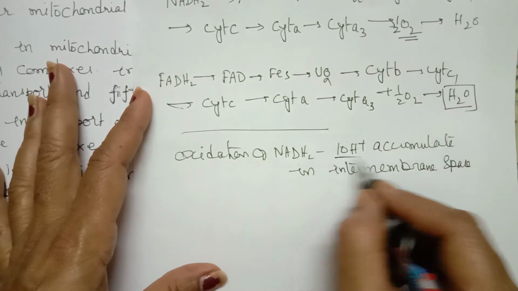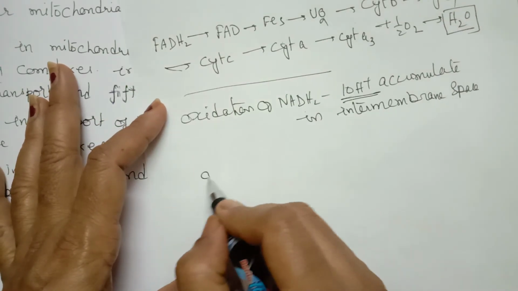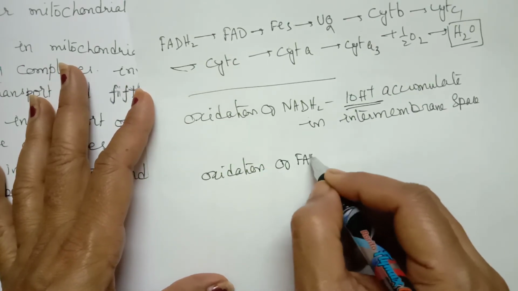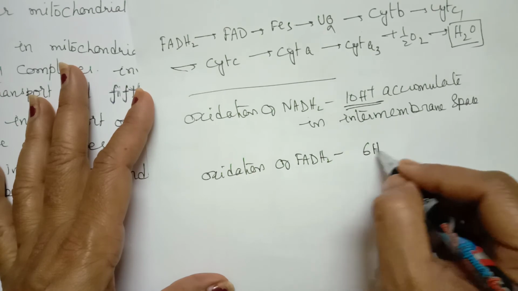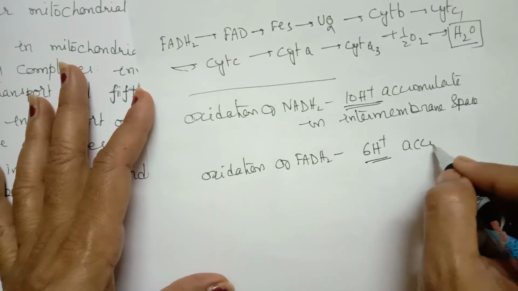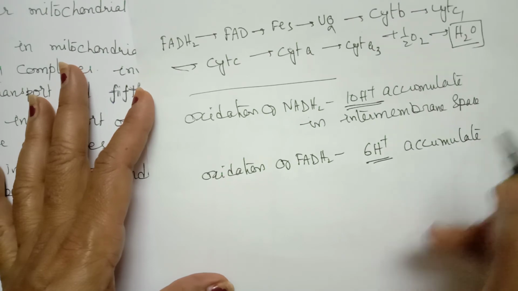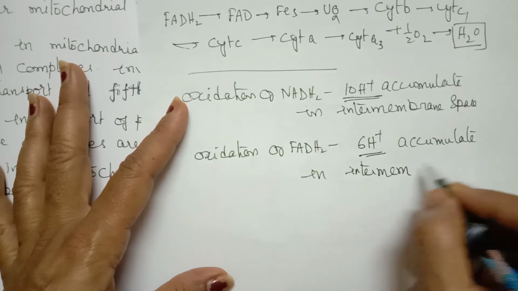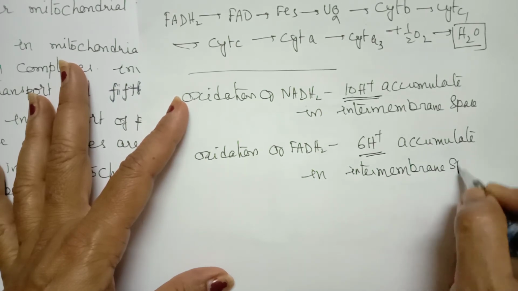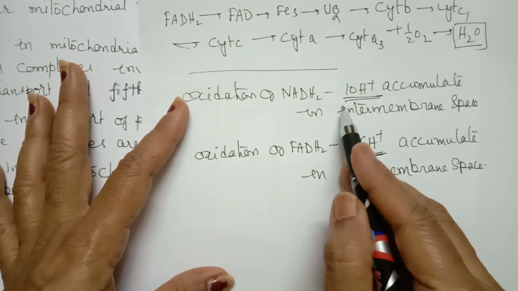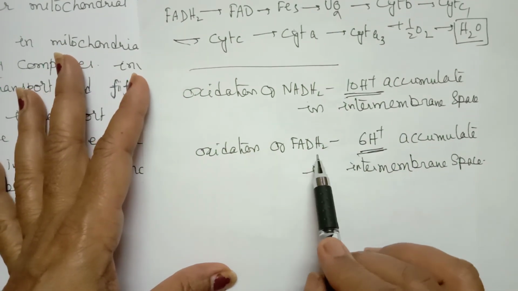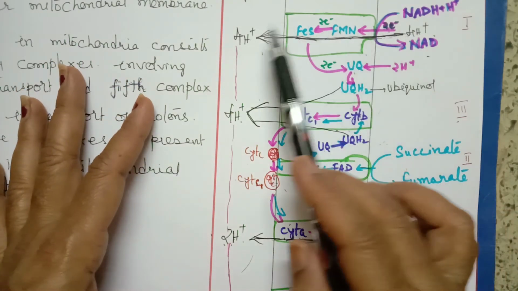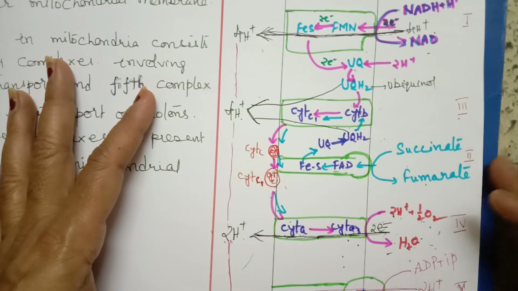But during oxidation of FADH2, only 6 protons accumulate in the intermembrane space. 6 protons here, 10 protons. Why only 6 protons for FADH2? It is because there is no involvement of the first complex. So this diagram, children, you have to understand thoroughly.